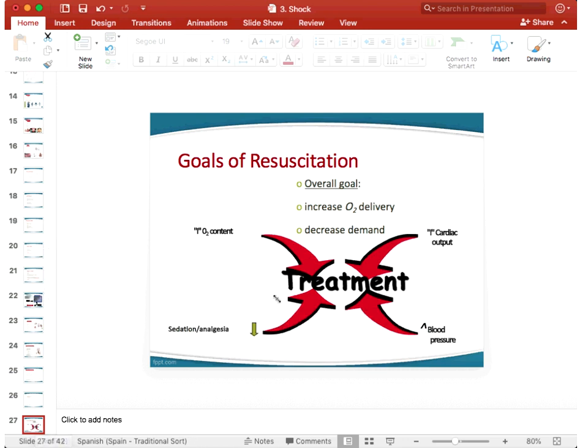So overall, you have to increase your blood pressure, to increase your cardiac output, and eventually it will increase the oxygen delivery to the tissues, and the tissues themselves will demand a lot less than they were needing.